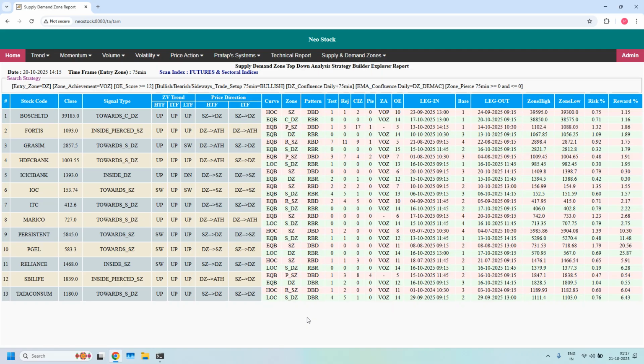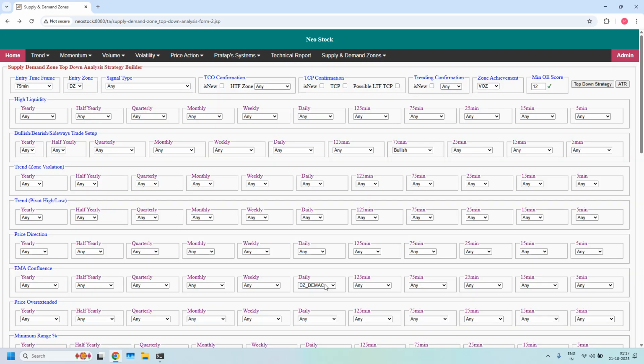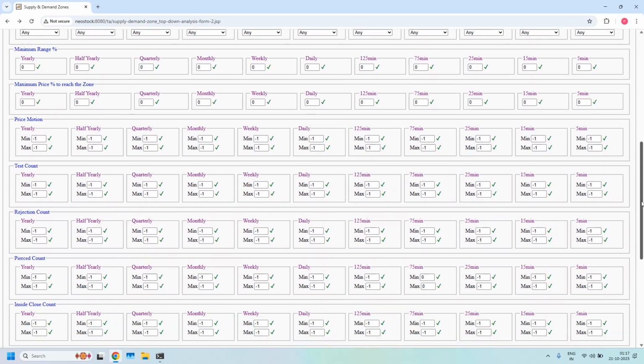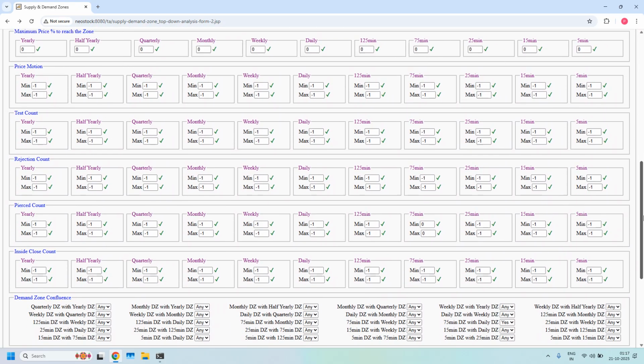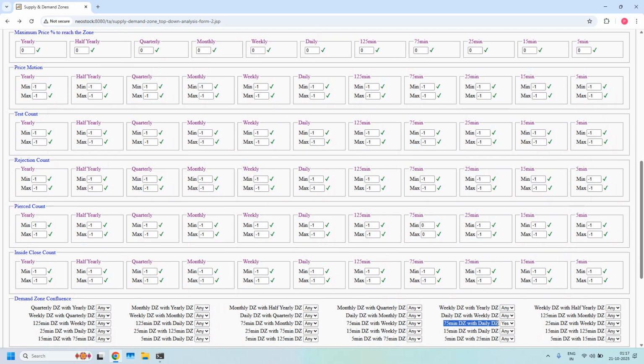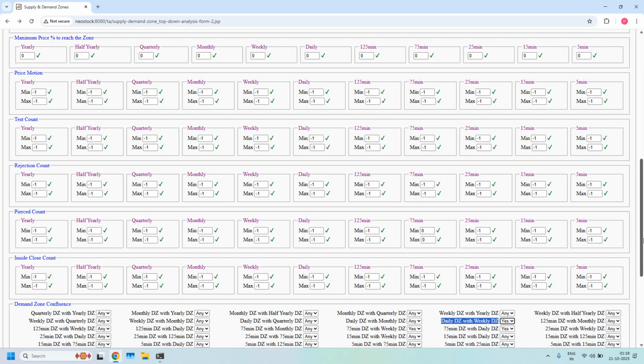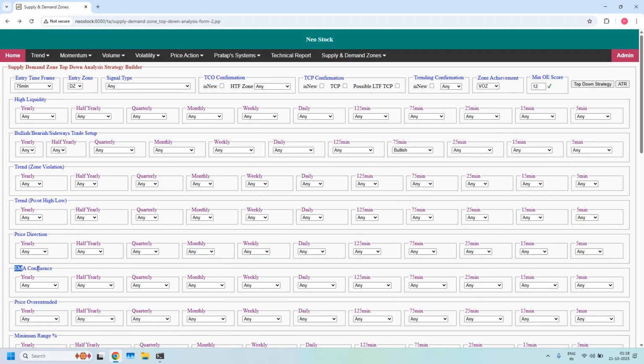Okay, second strategy, LTF, ITF, HTF demand zone confluence, and then HTF demand zone with HTF EMA, for HTF trend is uptrend. So I am removing ITF EMA filter. In the demand zone confluence, 3 filters we have to set. That is 75 minutes and daily, 75 minutes and weekly, daily and weekly demand zone confluence by enabling all the 3 filters, and then EMA confluence at weekly.